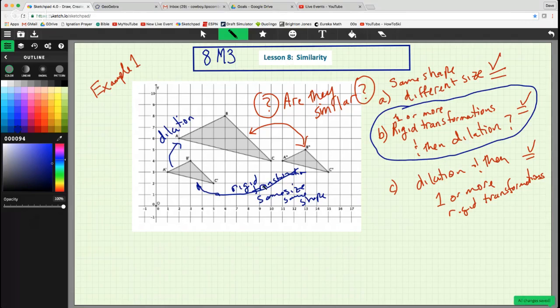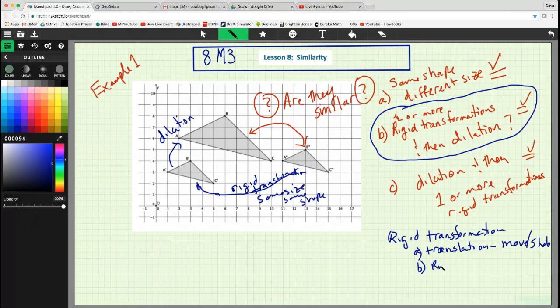So remember, let's remind ourselves, rigid transformations: there's 3 of them. A is a translation, which is just moving or sliding.